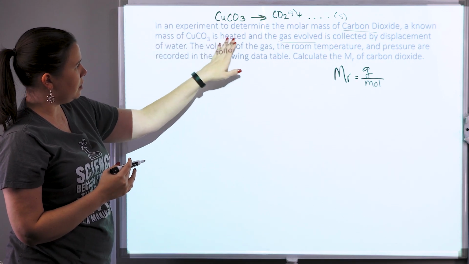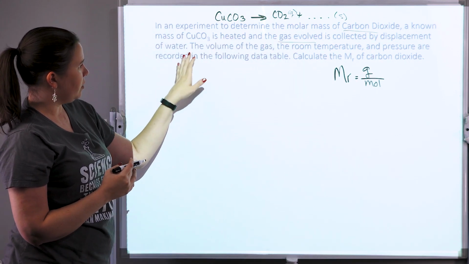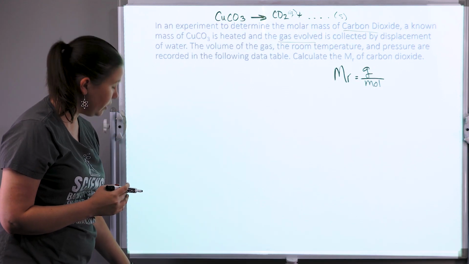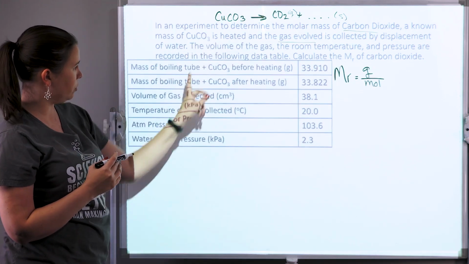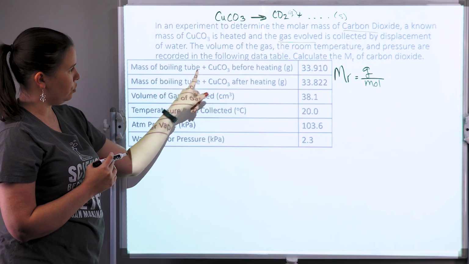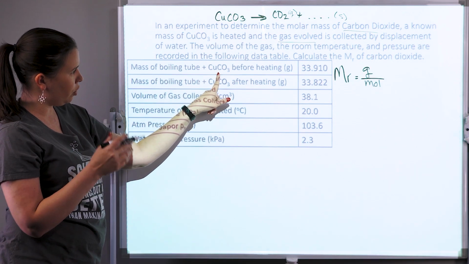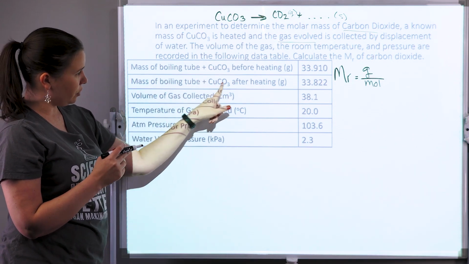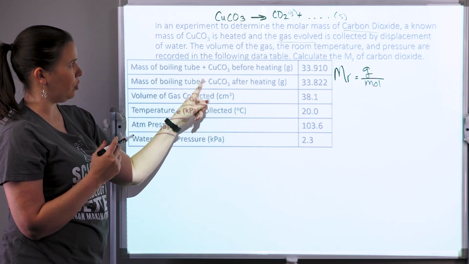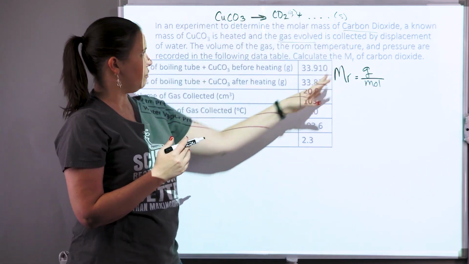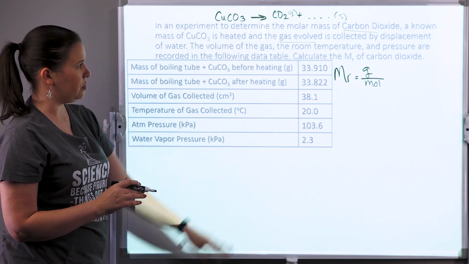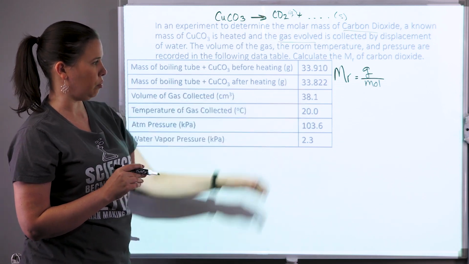And I can tell that because it says we would still have that substance. A known mass is heated, the gas is evolved, and then we're collecting data. And the data table, I guess, would help to explain this part too. It has the mass of the tube that has the copper carbonate. And then after it's heated, they're still calling it copper carbonate here. Whatever is left of the copper carbonate, whatever that byproduct is, has this mass here, the 33.82.